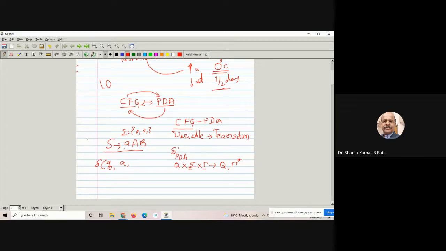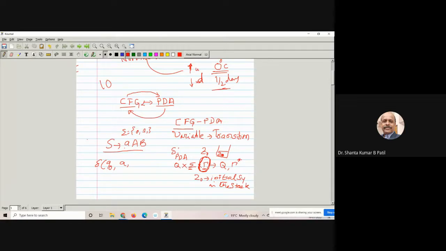Then Z naught. Generally, the first one will be the starting symbol of the stack. Going through the PDA, in the first transition function you find Z naught, where Z naught is the starting symbol of the stack, or you can call it the initial symbol of the stack.